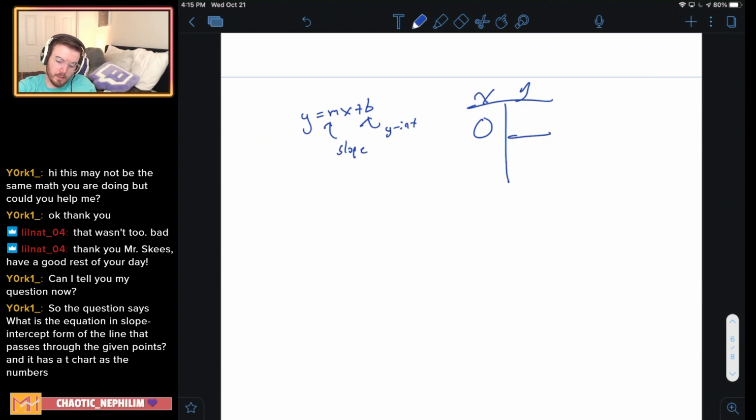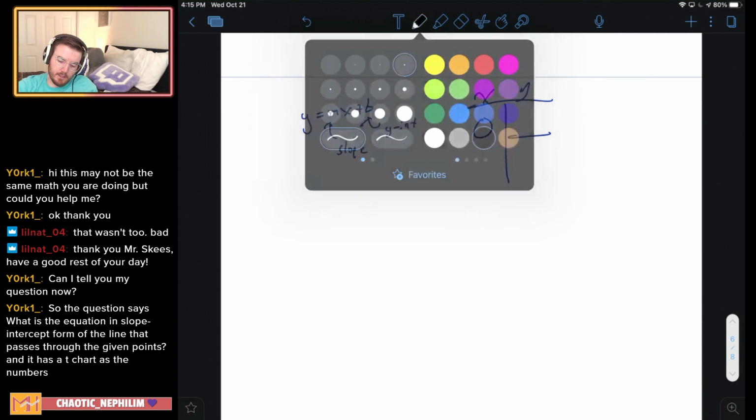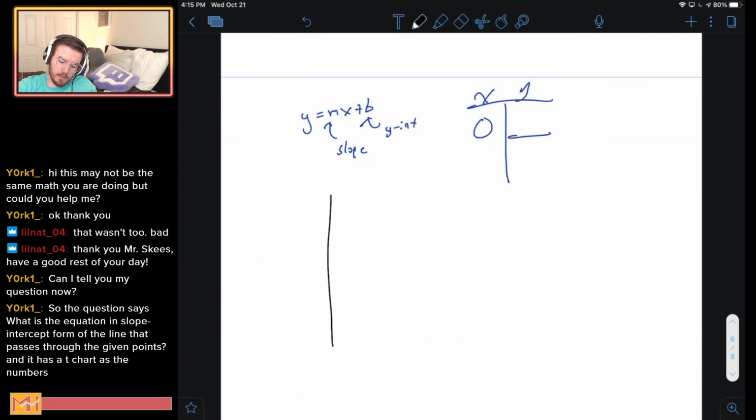If you do, that is your y-intercept, right?